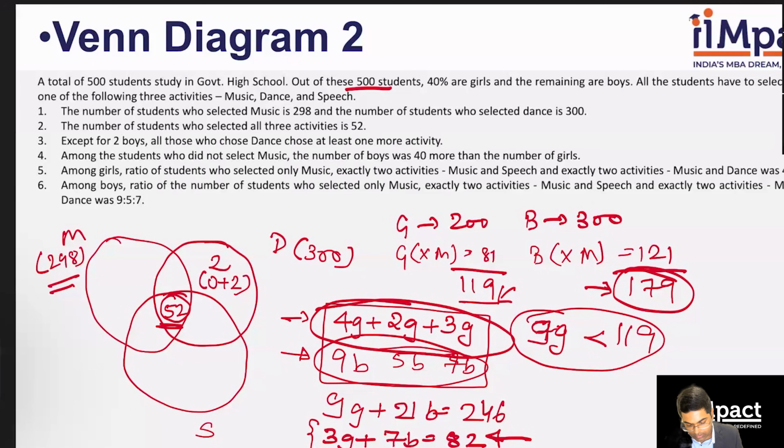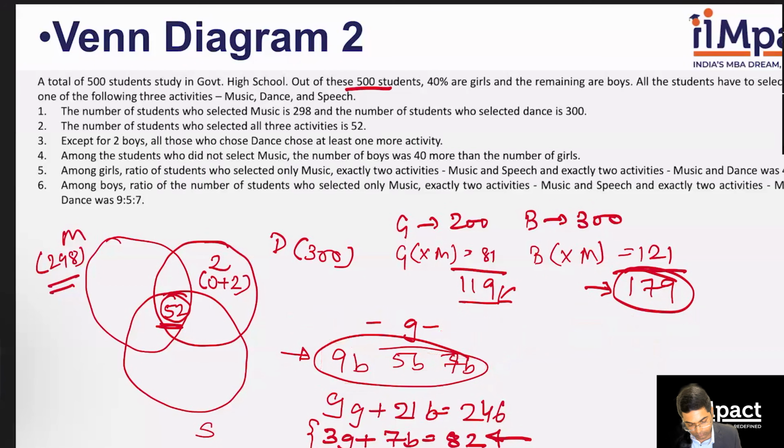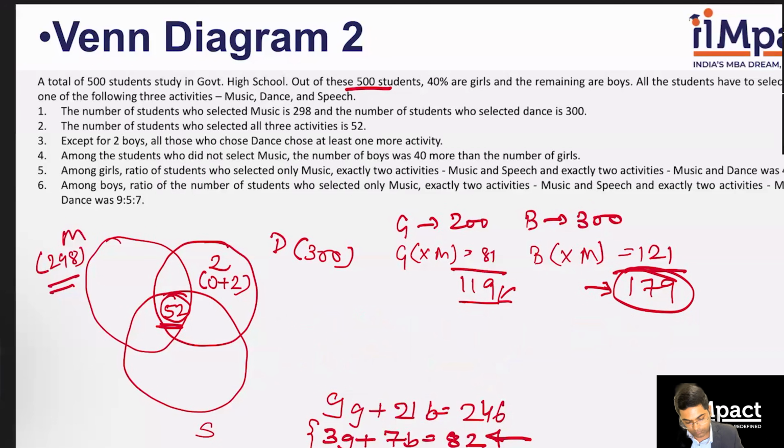Let me erase this a little. So here, since I know G and B have to be minimum 1, if I remove 7 from 82, I get 75. So G can start from 25 and this will start from 1.